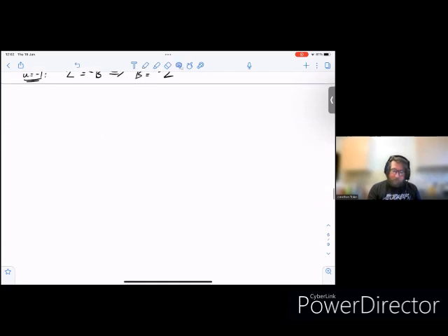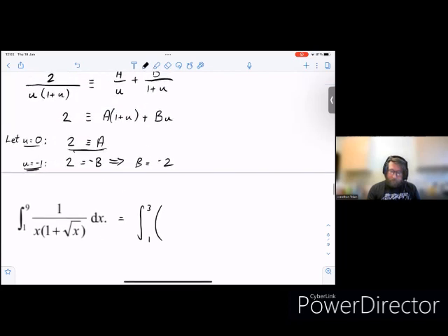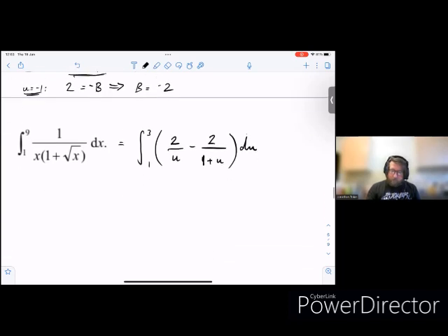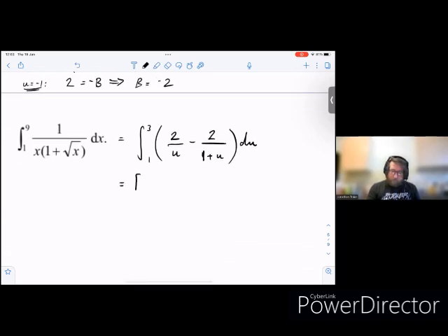Okay, so now that integral that we started with equals the integral from 3 to 1 of a over u, so that's 2 over u, plus b, which is minus 2, over 1 plus u. We can sub in the limits once we've integrated.